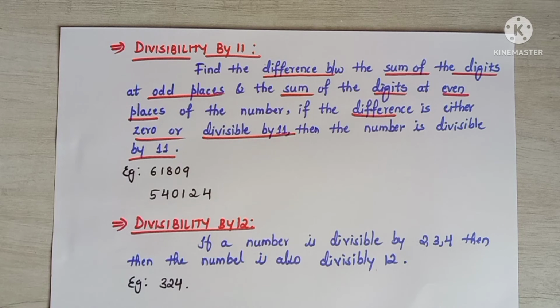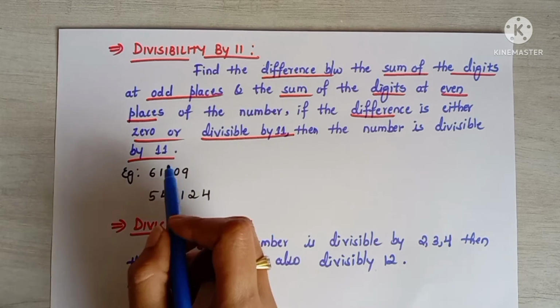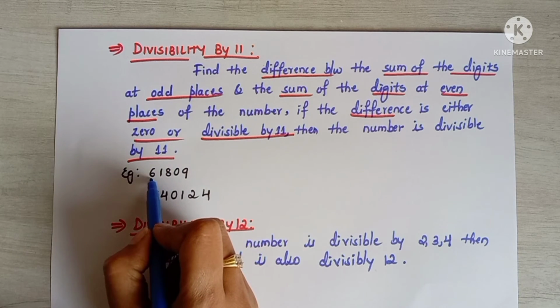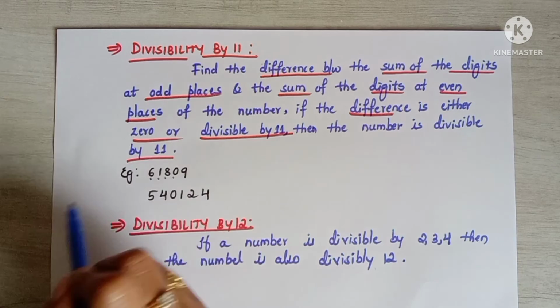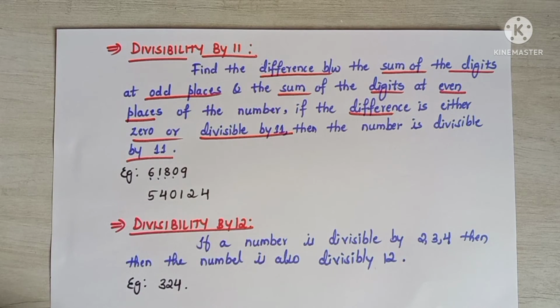What does it mean? First, we have to take a sum of the digits in the odd places and also the sum of the digits in the even places. Here we have 6 places.